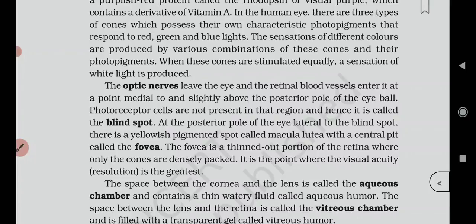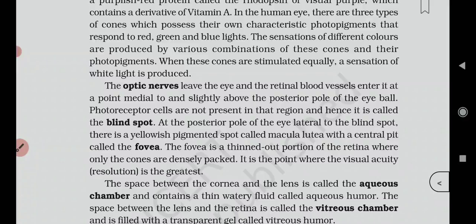The space between the lens and the retina is called the vitreous chamber and is filled with transparent gel called vitreous humor. So vitreous humor is a transparent gel and aqueous humor is a thin watery fluid. So the thin watery fluid is aqueous humor, and the transparent gel is vitreous humor. Vitreous humor is between lens and retina.